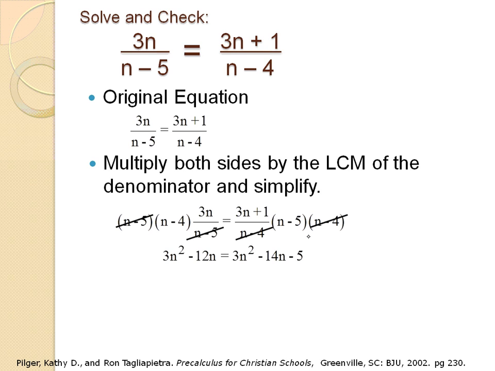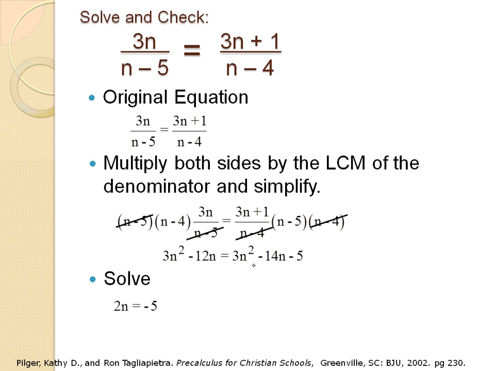Now to solve this, it's going to be easiest to have everything on the same side. So we want to really set the equation equal to 0. So we're going to subtract everything from this side. Subtract 3n squared, add 14n, and add 5. So doing that, subtracting 3n squared from both sides, that will eliminate this.